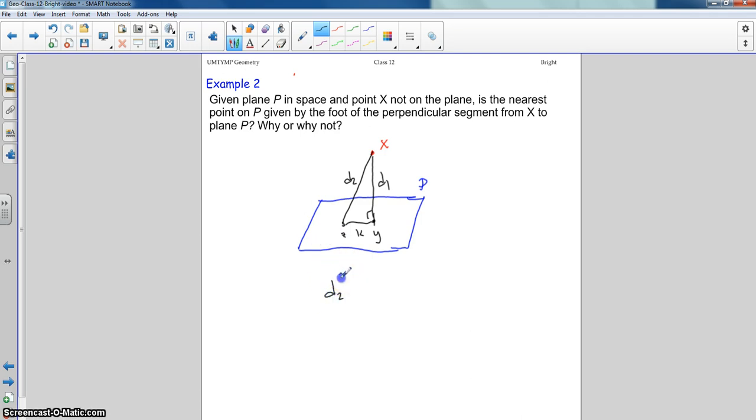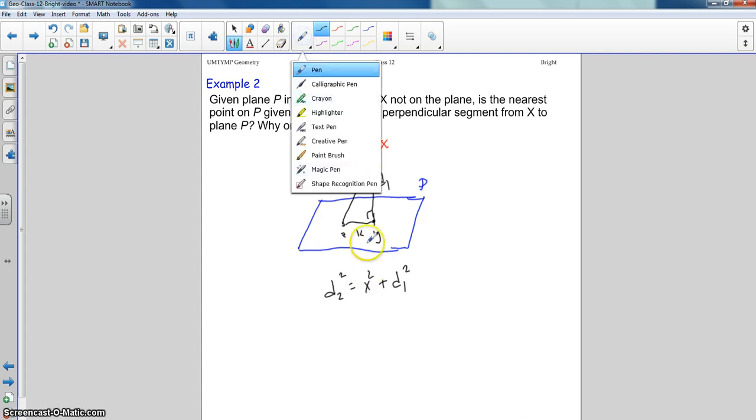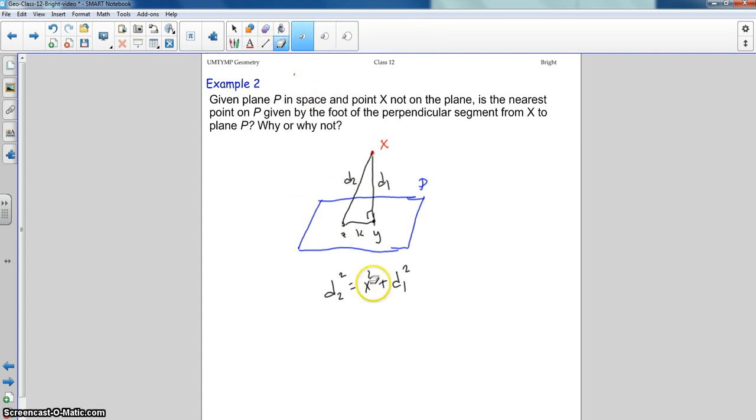So d2 squared is equal to k squared plus d1 squared. Sorry, this isn't x, this is k. Since d1 is used in the equation and we already have to square it, this implies that d2 is greater than d1.